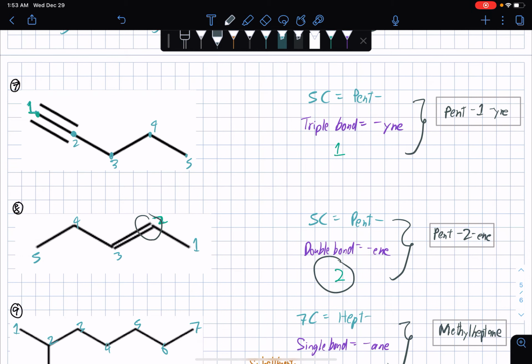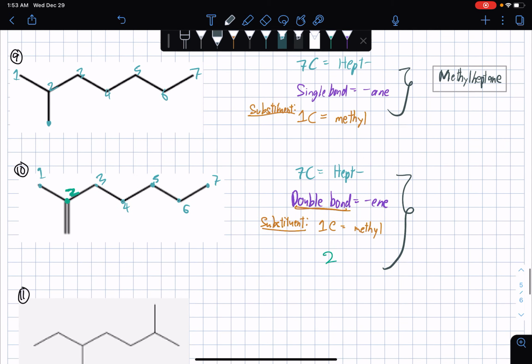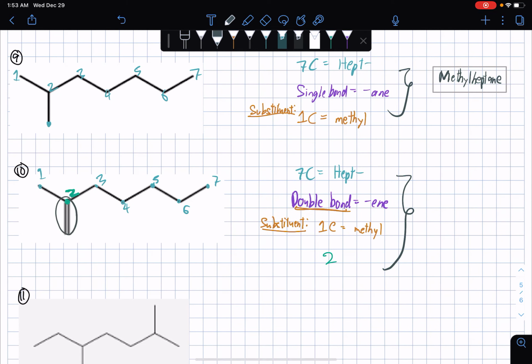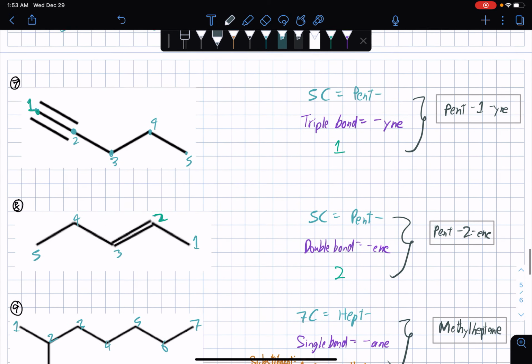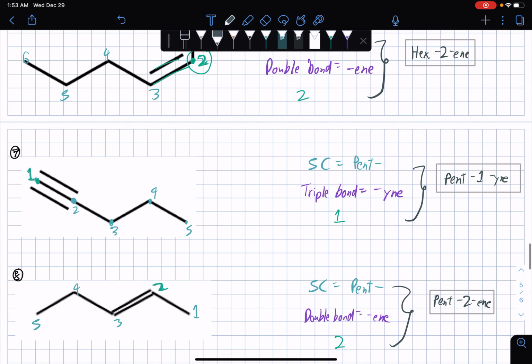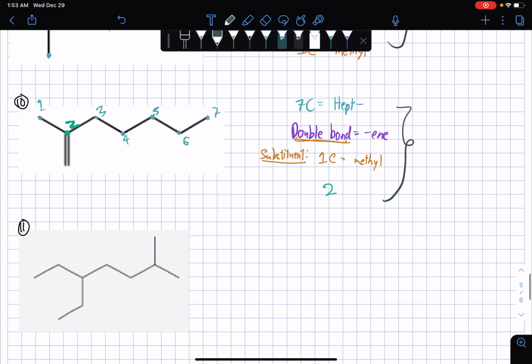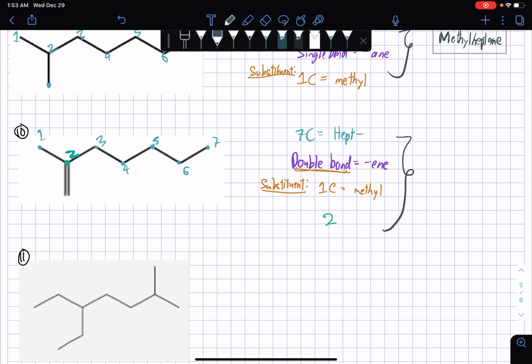Whenever there's a double bond or a triple bond, even if it's located in the substituent. In earlier problems, we see these kinds of green numbers in the parent chain. Right now, we see it in the substituent. It's connected to the substituent. So, without further ado, let's combine.